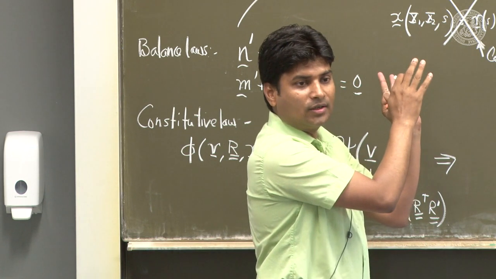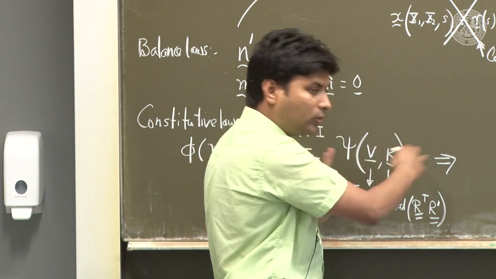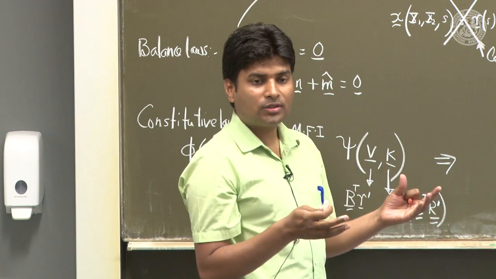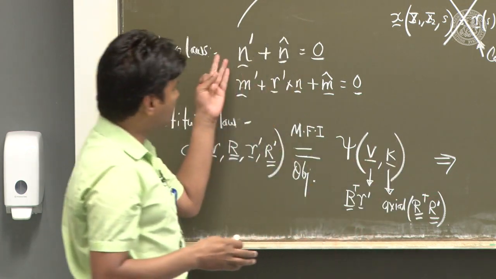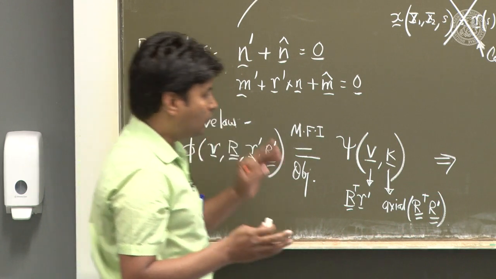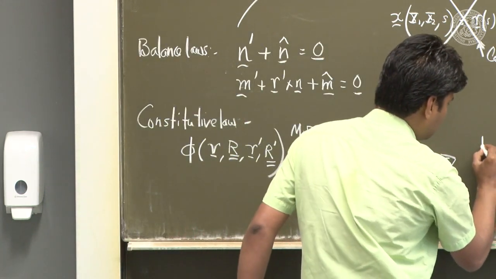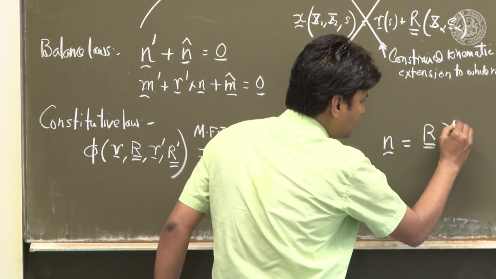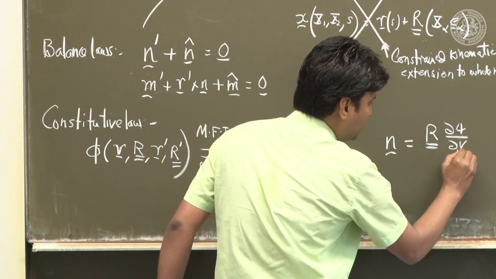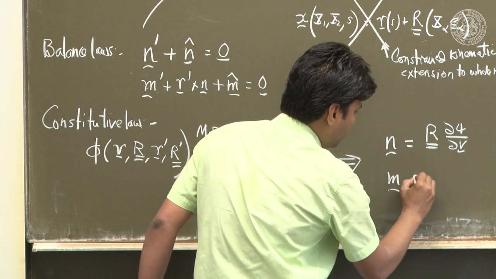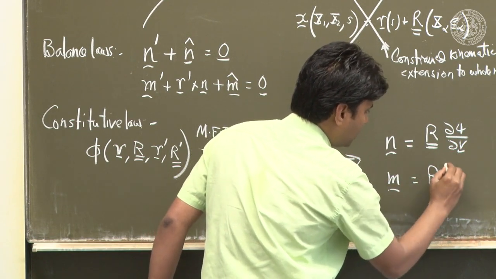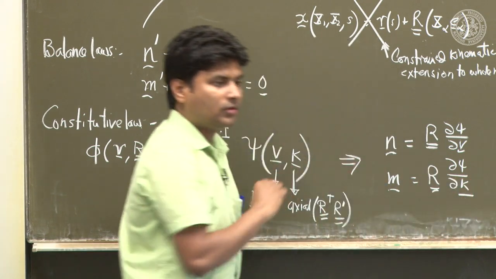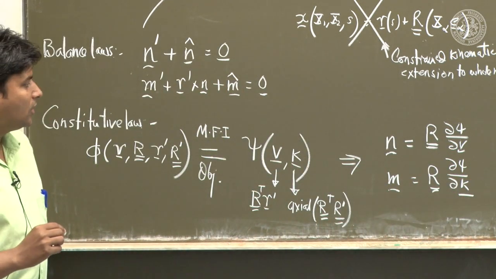We wrote down the full energy of the rod, took the first variation, got the Euler-Lagrange equation, and compared that with this balance equation, and found out that little n is equal to big R times del psi over del V, and little m is equal to big R times del psi over del K.